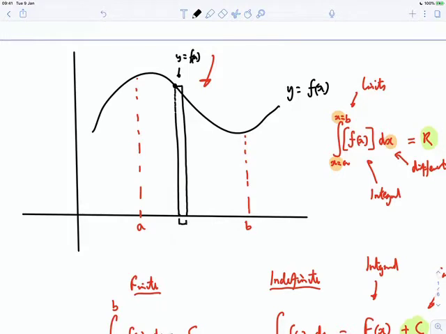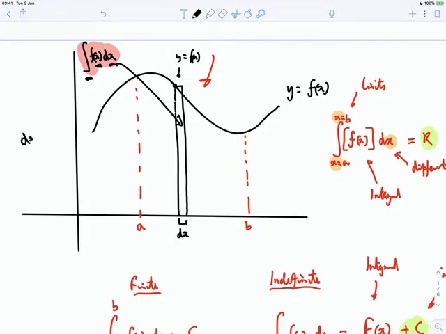and make that rectangle some change in x thick. And now the area of this rectangle is going to be the height, which is f of x, times dx. And then S is just the sum. So what integrals are saying is they're the sums of the y's times the dx's, i.e. the areas of all the rectangles.